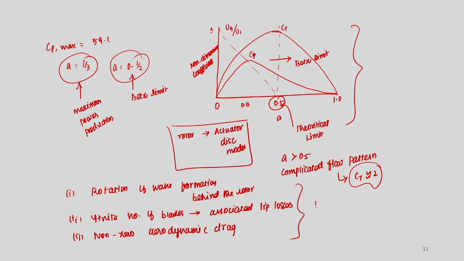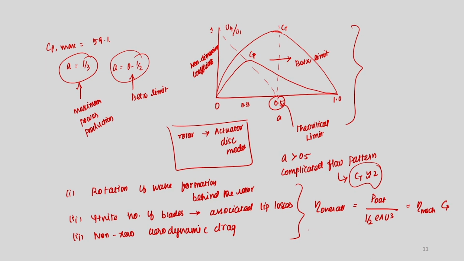Because of which, the overall efficiency of the wind energy conversion would be defined as P out, the output power, upon the actual power wind has, rho A U cubed, which is equivalent to the mechanical efficiency into Cp. Cp is nothing but the power coefficient, how much ever you are getting, that is multiplied with the mechanical efficiency.